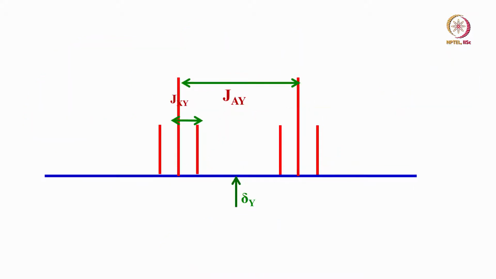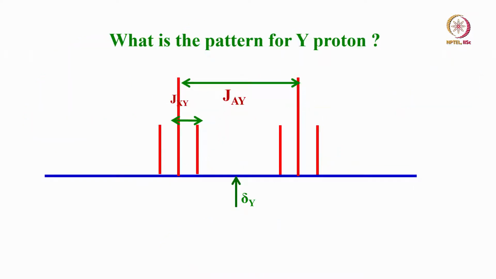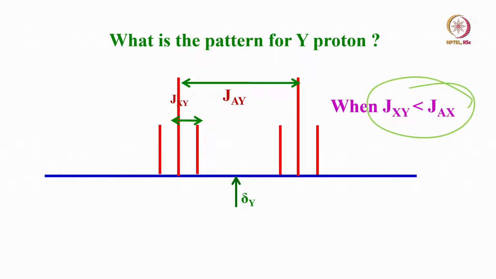Now the question is, what is the pattern for Y? Instead of A, if I observe Y, what is going to happen? Again I consider the situation where JXY is smaller than JAX. This is the chemical shift of Y. Again there is a large doublet because Y is coupled to proton A. That coupling remains the same.